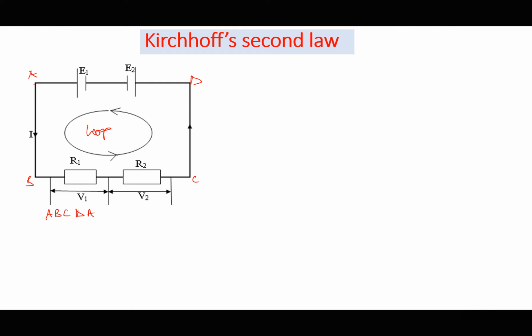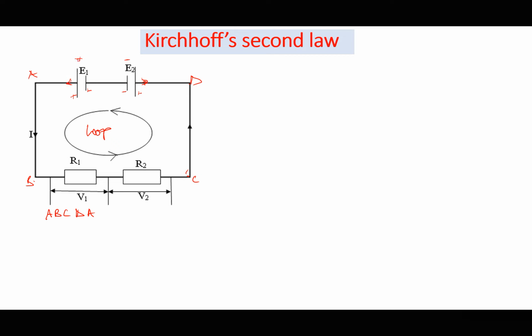If I move from A to B, B to C, C to D, I'm coming to the cells now. I meet a positive terminal before a negative terminal. The convention is telling us that this EMF will be negative. Then I continue on my way. I meet a negative terminal before a positive terminal. This EMF is going to be positive. Naturally, the current from E2 would flow in this direction, and the current from E1 would flow in this direction.